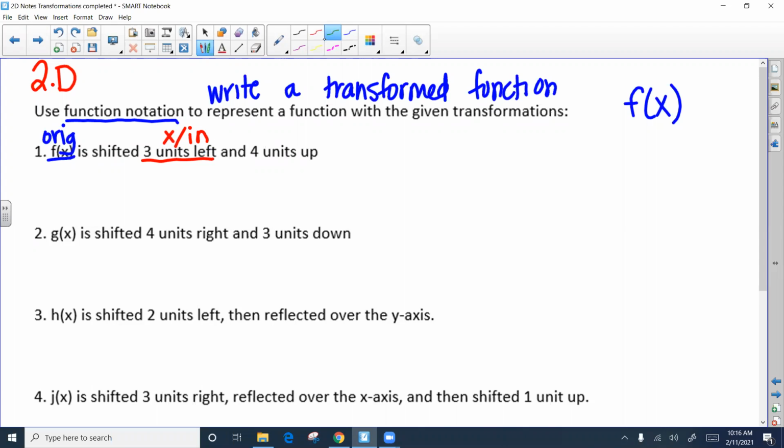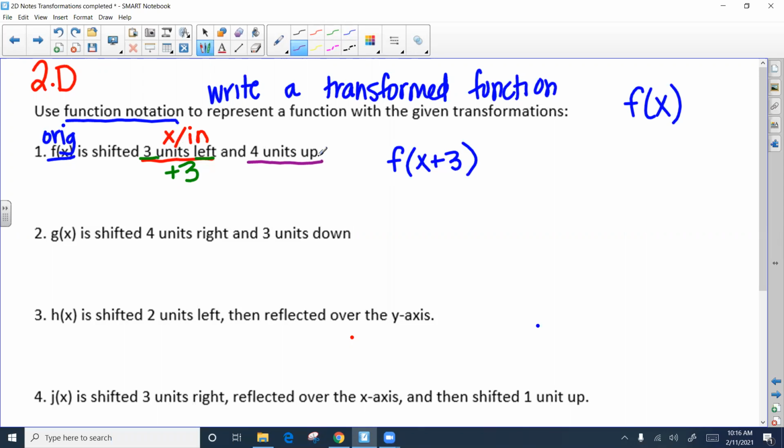But also remember, when something is on the inside with the x, it would actually be the opposite operation. So shifting units to the left, we would be adding c on the inside of the x. That operation would look like this, f of x plus 3. So that would be shifting the original function 3 units left.